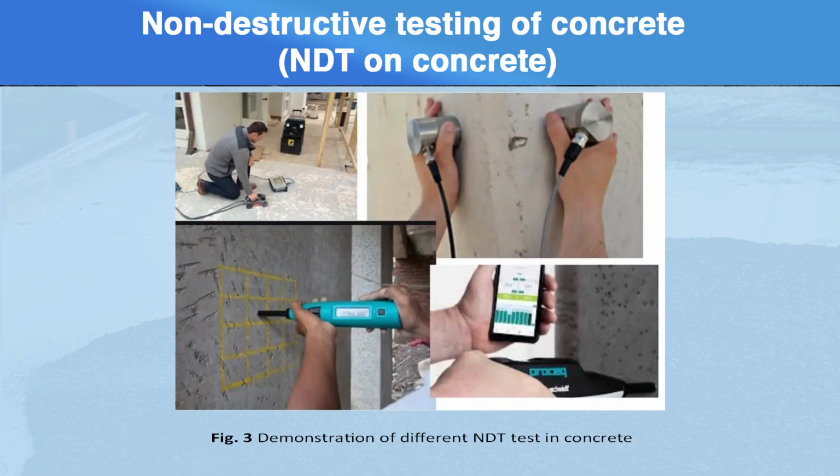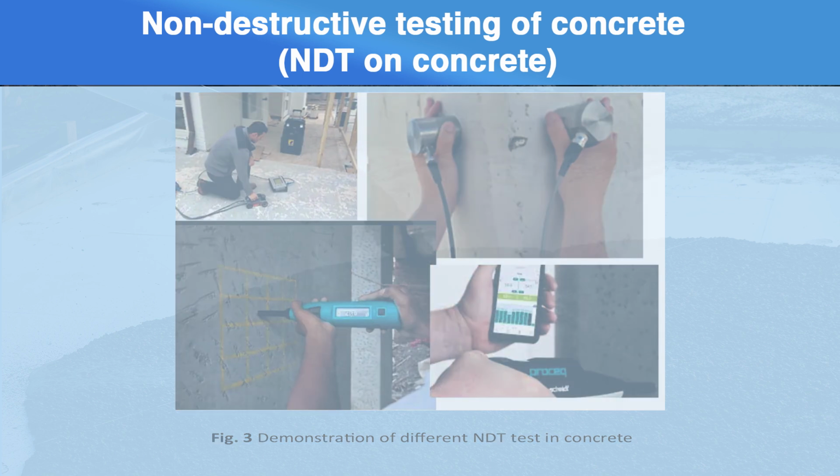The non-destructive testing. As the name suggests, it is non-destructive, that is, we don't destruct the sample and we want to know about the strength. So, there are methods which are used.